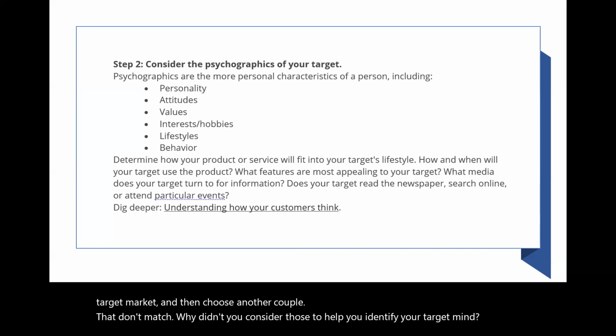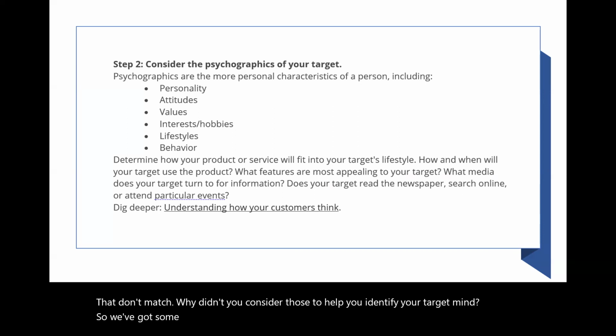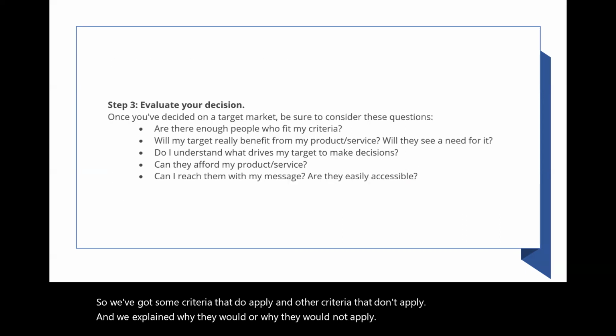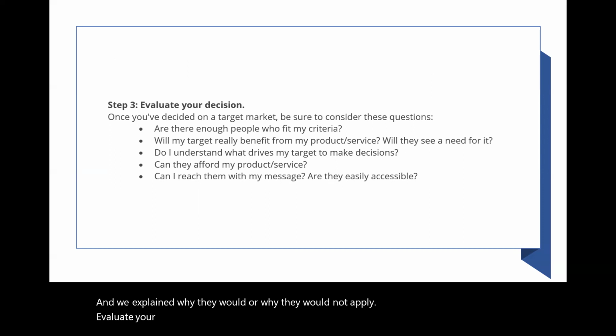So we've got some criteria that do apply and other criteria that don't. And we explain why they would or why they would not. Evaluate your decision. Those 6 points, I hope that helps you identify your target market.